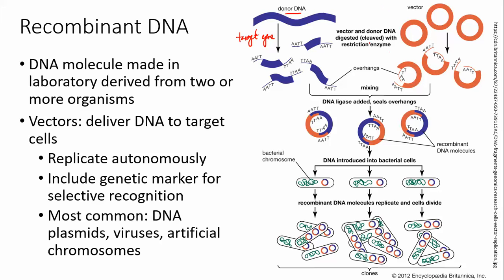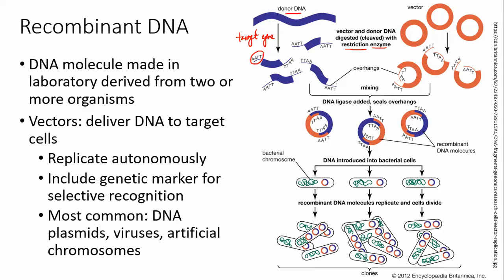So you basically digest the DNA with something called a restriction enzyme that will break the DNA at a specific sequence. Here we'll see that for this example, where it sees AATT, it will break that sequence there. Notice now you have these overhangs that are complementary to each other.